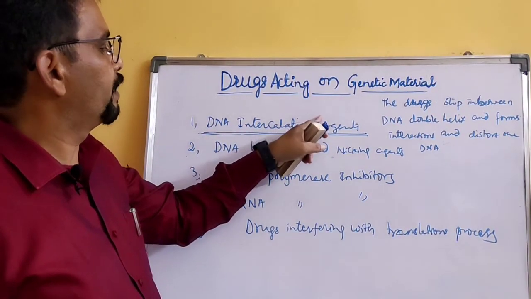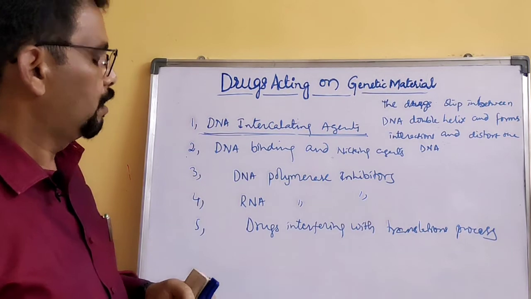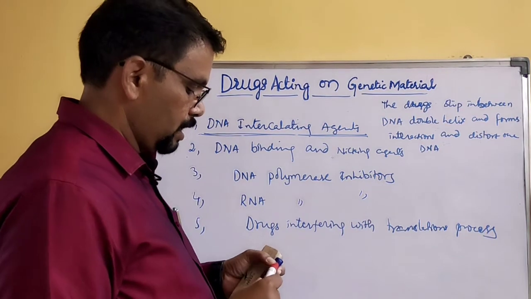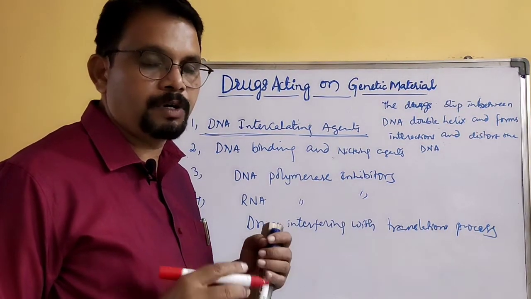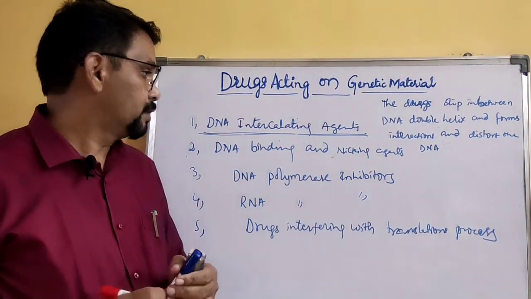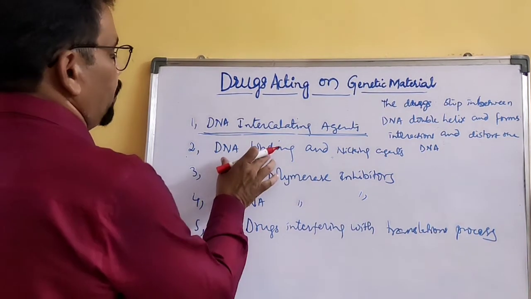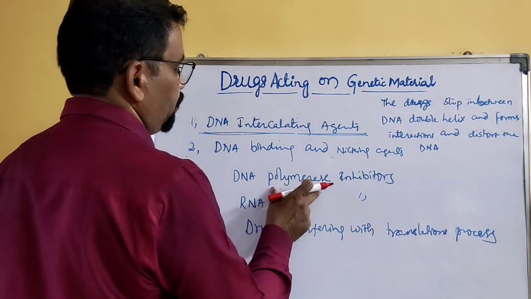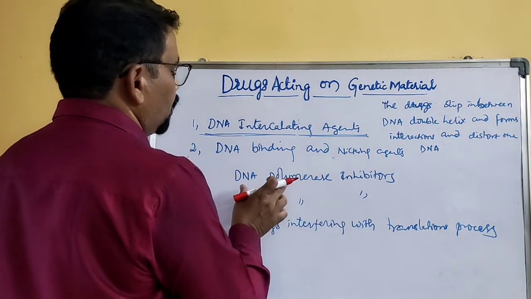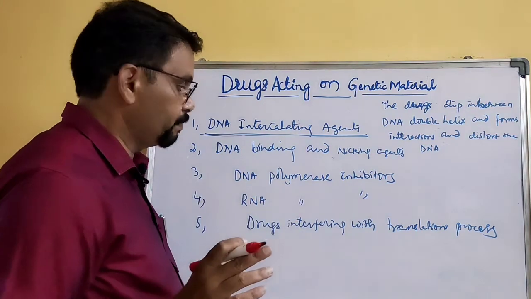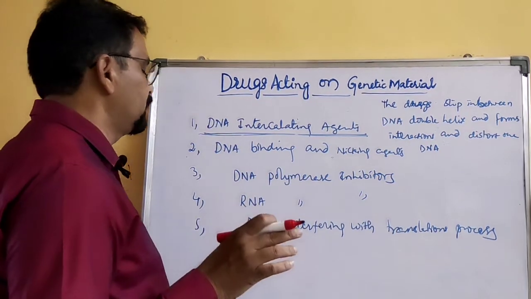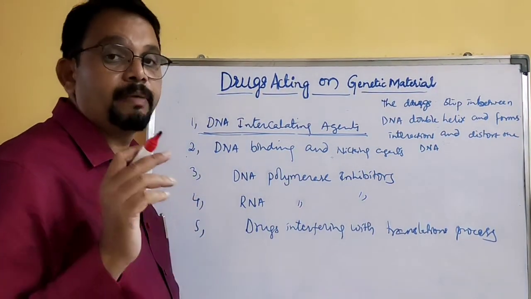These kinds of anti-cancer agents, I already gave you examples like Adriamycin and Daunomycin, and acridine type molecules like amsacrine, nitroquine and quinacrine. Next, DNA binding and nicking agents, and DNA polymerase inhibitors, that means the drugs which inhibit the DNA polymerase enzyme, and RNA polymerase inhibitors, the drugs which inhibit the RNA polymerase enzyme activity.